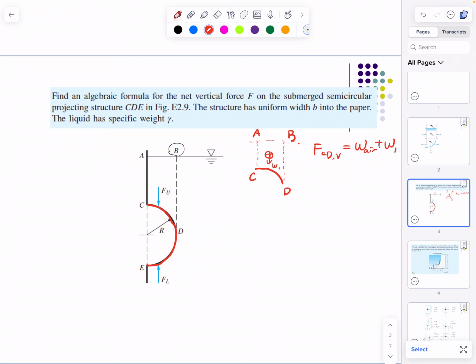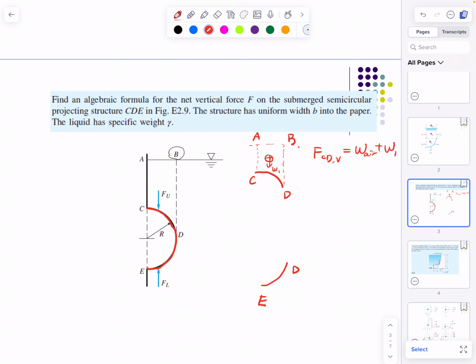And then let's take a look at DE. I need some space, so let me erase this. Next one, let's take a look at D. D is here, and E is here, right?